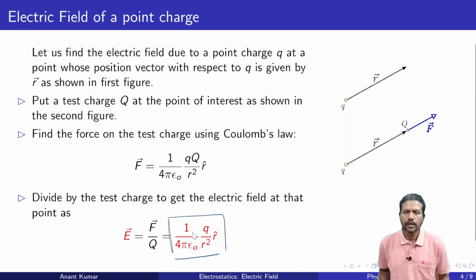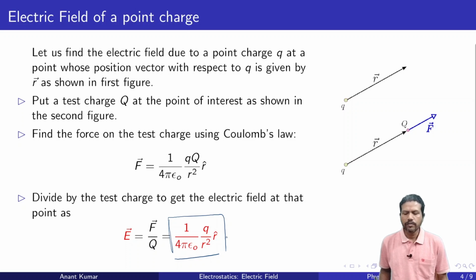It still varies as 1 by r square, very much like Coulomb's law, except the second charge is not present. We might think that we have replaced the second charge by just 1 Coulomb, which implies we can think of the electric field as the force on a unit test charge. So this becomes a formula to find the electric field for a point charge.